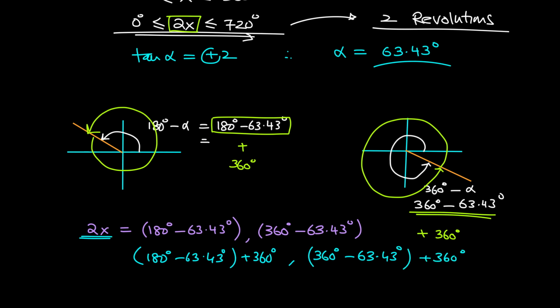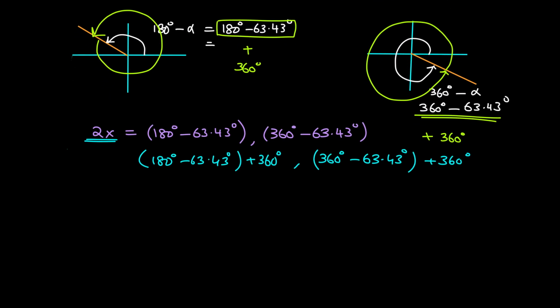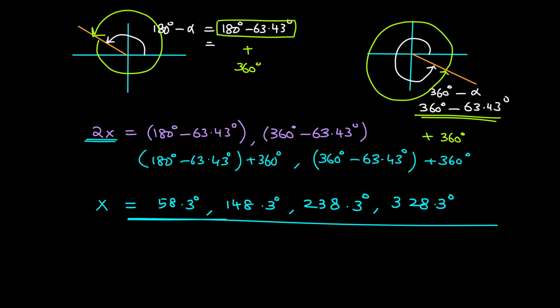All these answers are equal to 2x. When we do the simplification, x comes out to be, the first answer is 58.3 degrees. Second one is 148.3 degrees. Third one is 238.3 degrees. And the last one is 328.3 degrees. These are the four answers for this particular question.